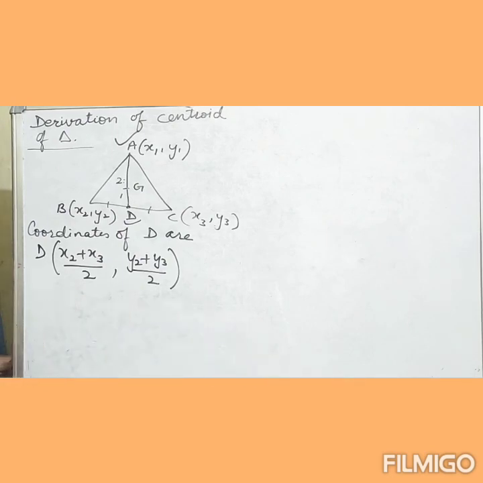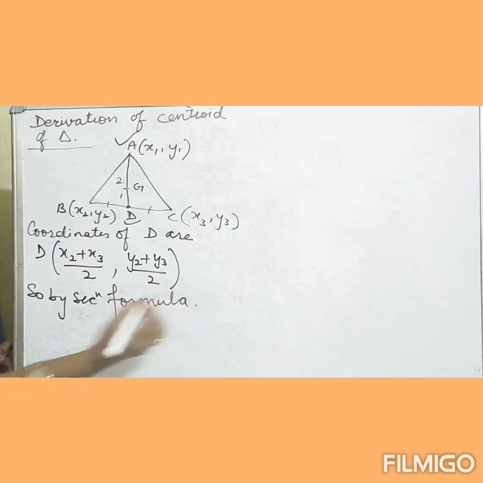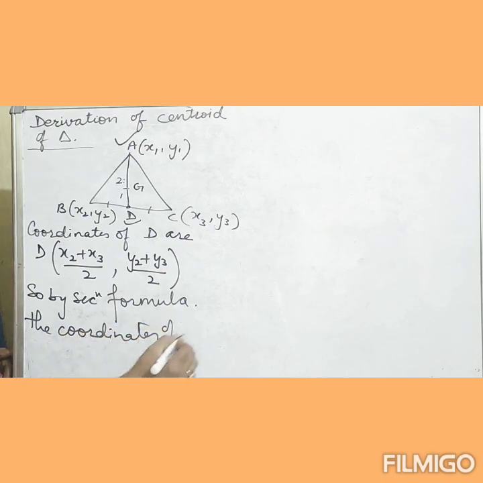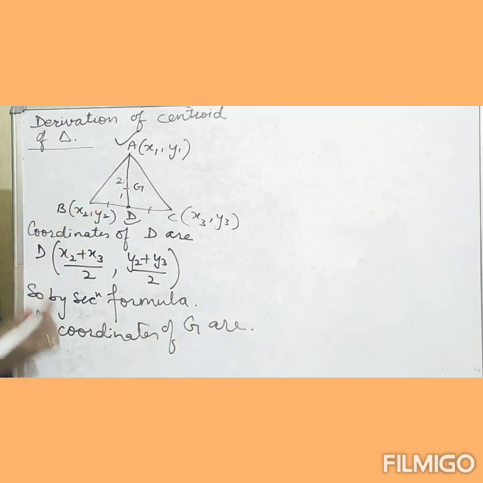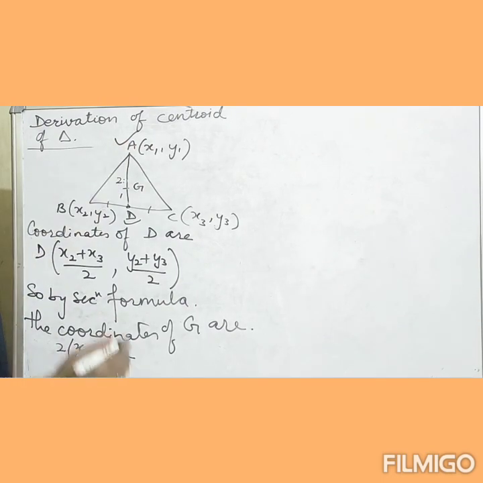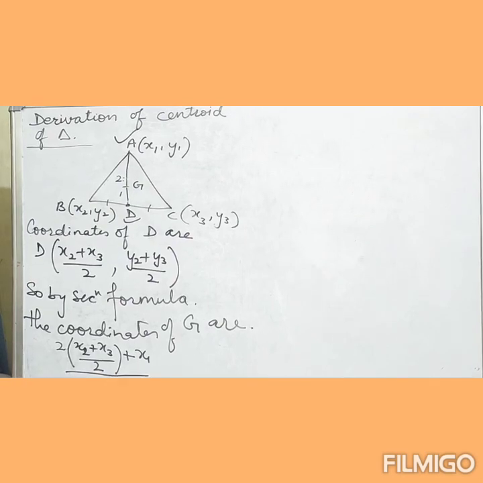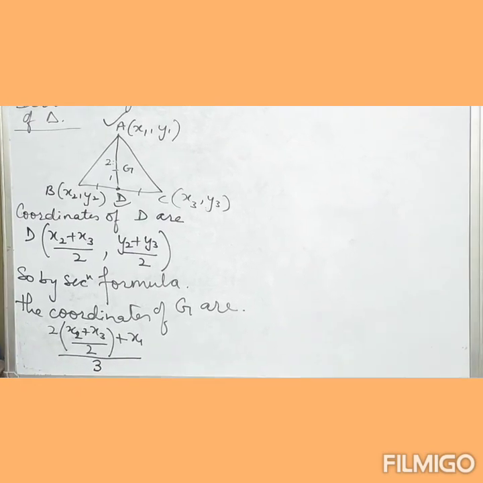I can apply the section formula. By the section formula, the x-coordinate of G is 2 into (x2 plus x3) by 2, plus 1 into x1, divided by 2 plus 1, that is 3.